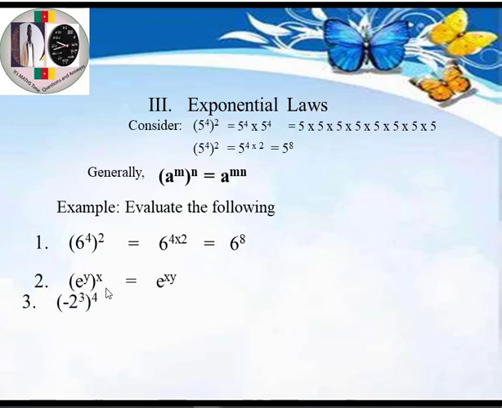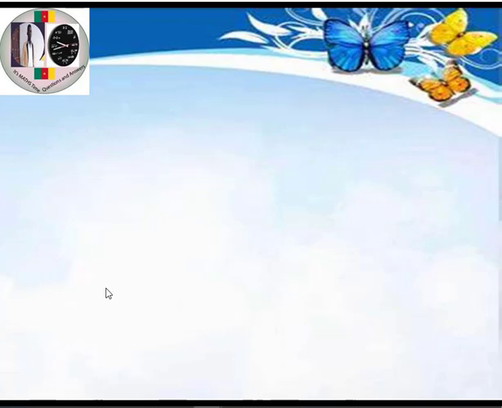The next one is minus 2 power 3 all that to the power 4. So we are still going to have minus 2 power 12, 3 times 4. Okay, so that is the exponential law.